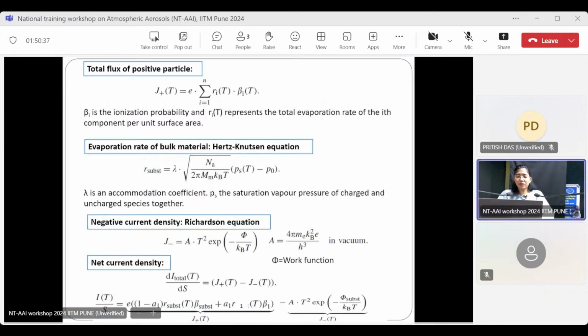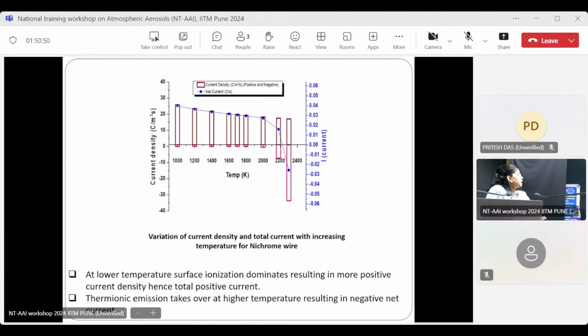So these are the equations. We will not go into the details, but using these equations, the evaporation rate, positive flux density, negative flux density, and current density can be calculated. I have done this calculation. If you see for nichrome this bar, they are the positive and negative charges. The dark brown is the positive flux, and the light pink is the negative.